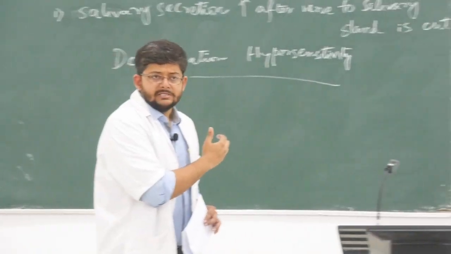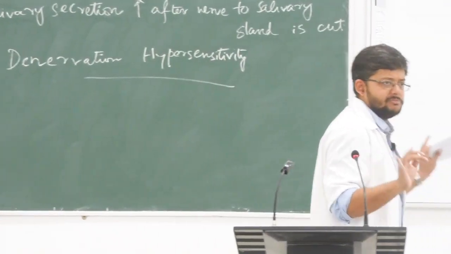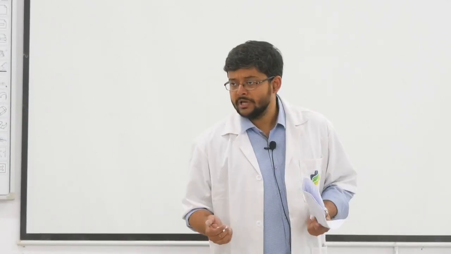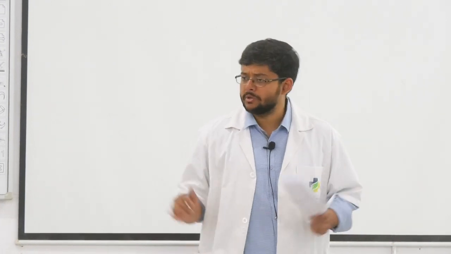The name suggests denervation means nerve is cut. Hypersensitivity means nerve is cut, but the end organ is hypersensitive to the neurotransmitters. So any nerve supplying any end organ, nerve end organ ki hote pare? Glands hote pare, muscle hote pare, kono tissue hote pare, blood vessel hote pare.